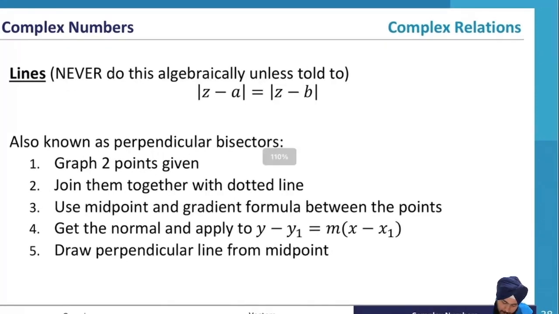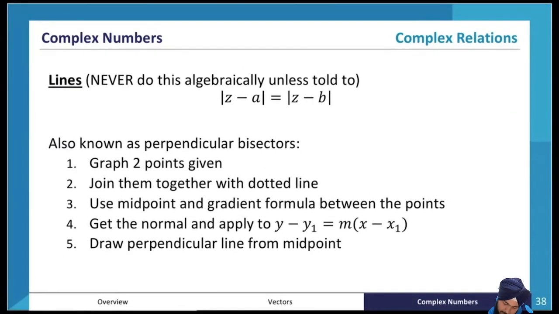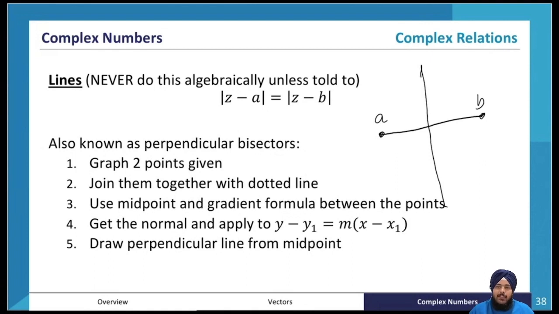So we have the point A, and we have the point B. And what we're actually trying to find is the perpendicular bisector to the line that connects them. So this is what we're trying to find. So we're trying to find a line that is equidistant from those 2 points. And we call that equidistant because every point on this line is equally distant from A as it is to B.